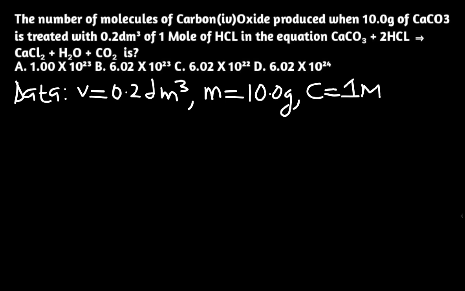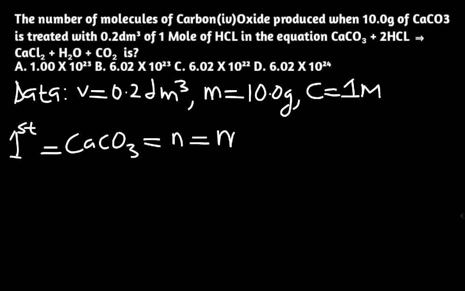Now, once this is established, there are just 4 steps: the first step, second step, third step, and the last step. The first step is you solve for the mole of calcium carbonate. To solve for this mole, you say mole equals mass over molar mass.